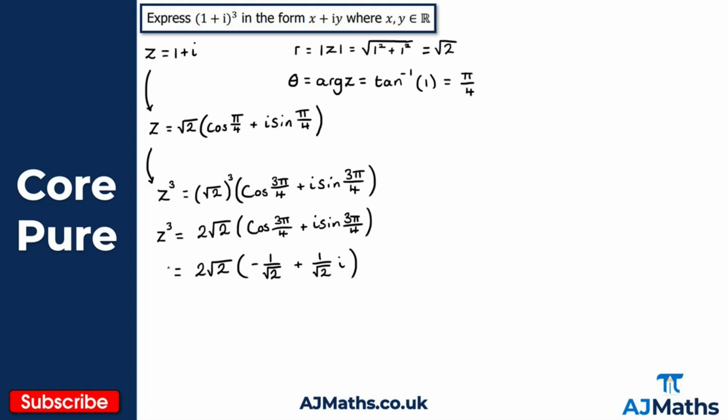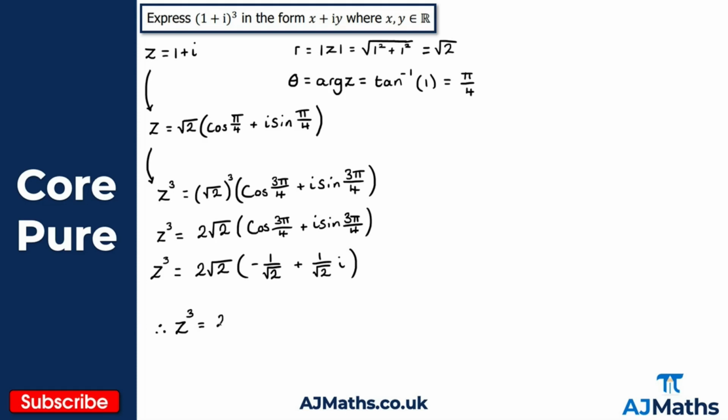And now to finish, this is for z cubed. We just need to multiply through by this 2 root 2 on the outside. So z cubed is 2 root 2 times minus 1 over root 2. You can obviously simplify straight away, but if you struggle to see where the terms cancel, just write the expression out in full.